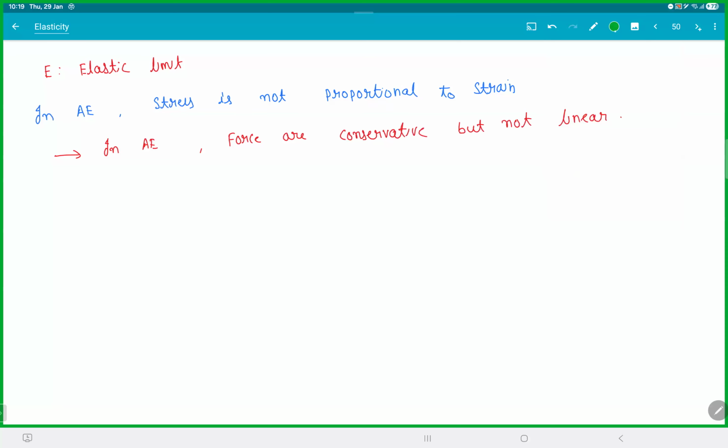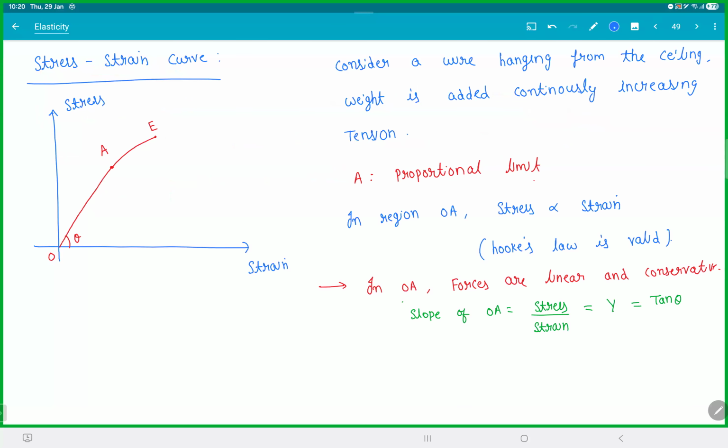This means if you remove the external force, that is, if F external is removed, you come back to the natural length. But if you exceed E, that means if you keep adding more weight, then your graph will go even higher.